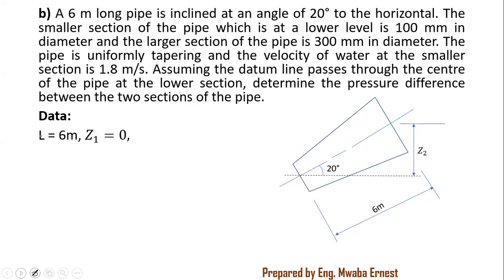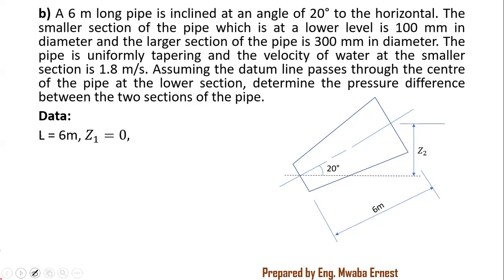In the previous question, we were given the length of the pipe, but when it came to the angle, all we had, instead of the angle, was the slope, making it a bit tricky. So length 6 meters, Z1 this time around the lower end is 0.